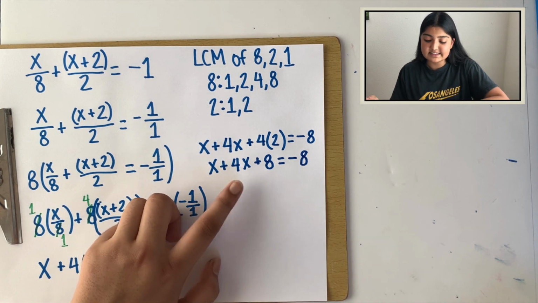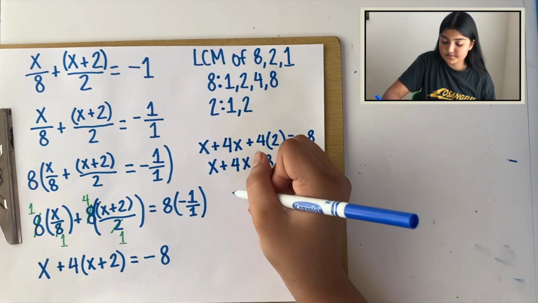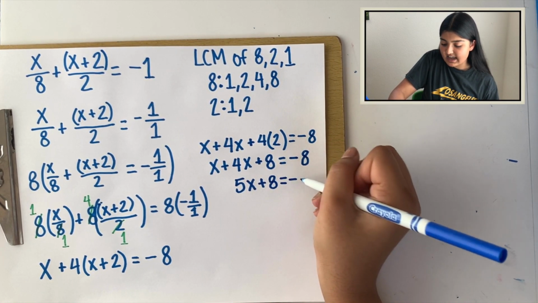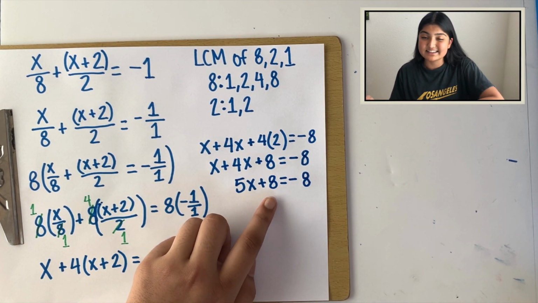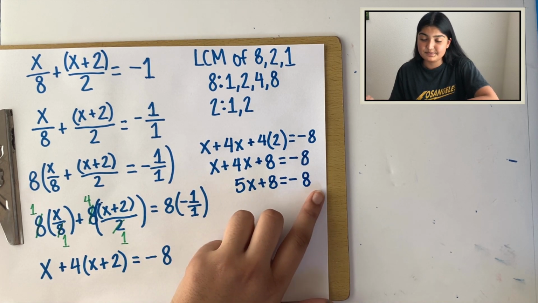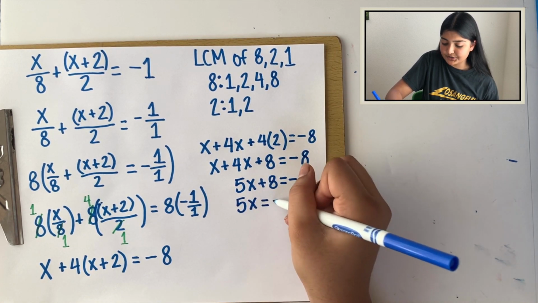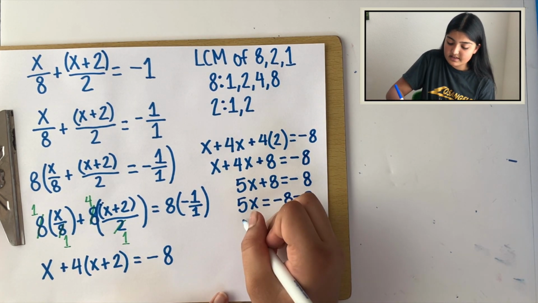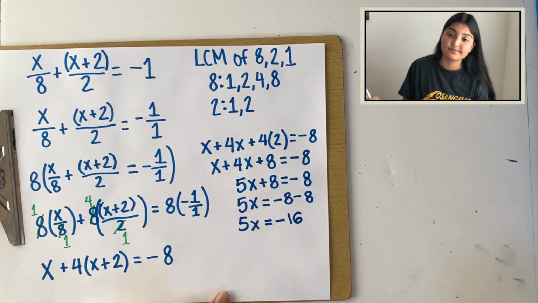Now, let's add these two variable terms together. x plus 4x is 5x. 5x plus 8 is equal to negative 8. Next, let's take this constant to the other side. 5x is equal to negative 8 minus 8, or 5x is equal to negative 16.